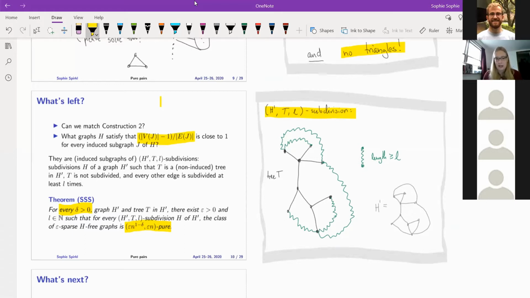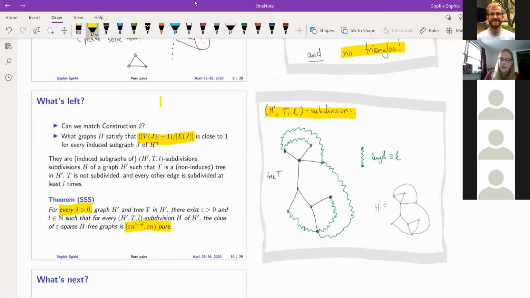In fact, let's look at a graph H. We've already seen that if we exclude all subdivisions of H, then we're good. We can get linear size anti-complete pairs.